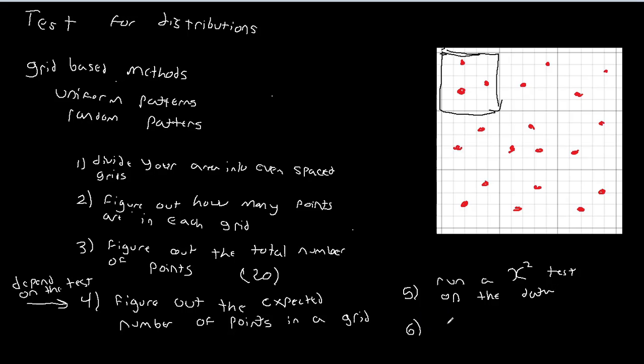And step 6 is going to be analyze results. So if you don't know what a chi-square test is, we're going to talk about that in just a second. We're going to go through an example using this data right here, and we'll explain what a chi-square test is, how it's calculated, and what it shows.